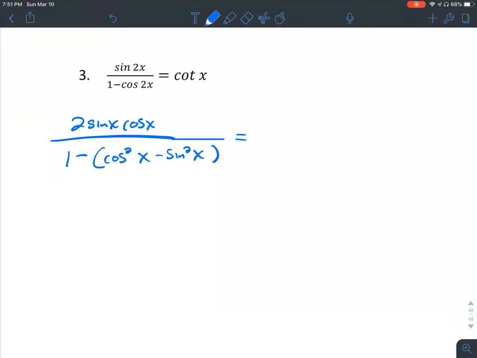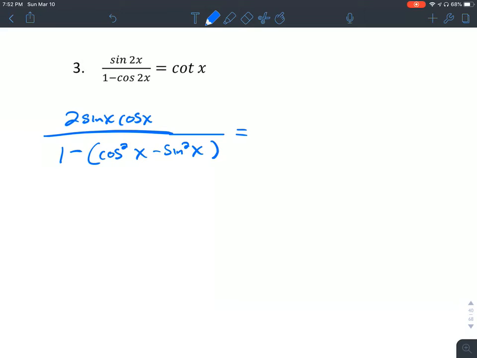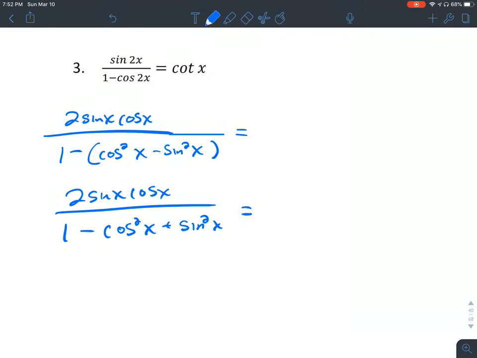If I simplify the bottom, I'm going to get 1 minus cosine squared of x plus sine squared of x.